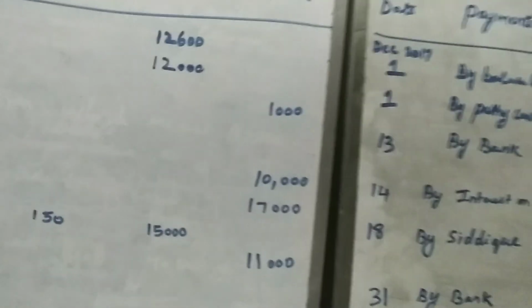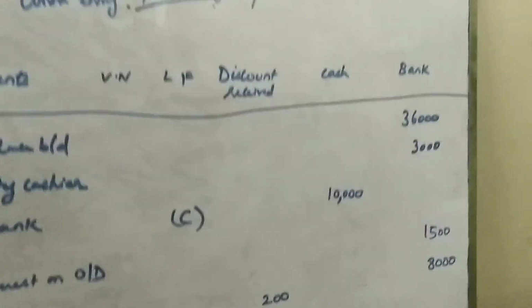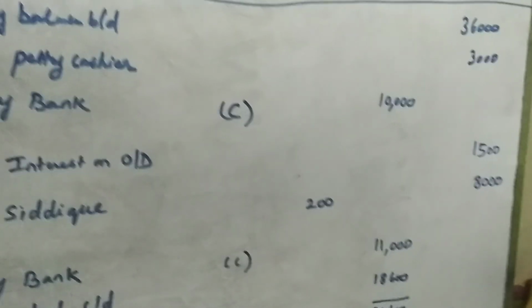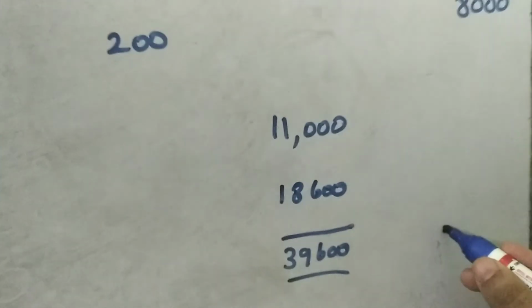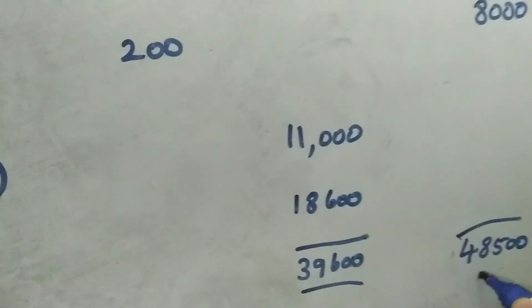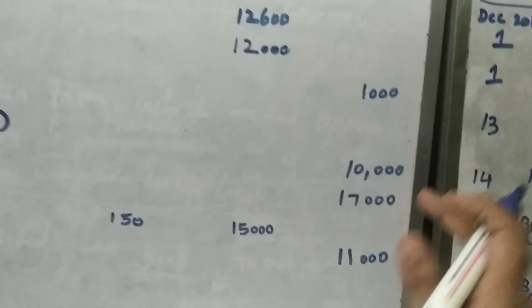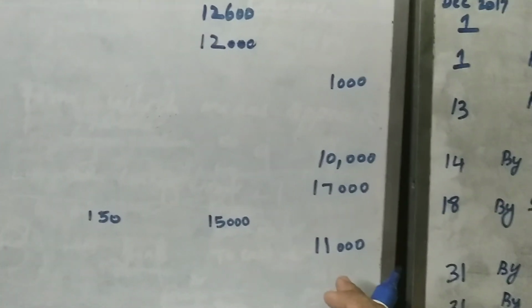Now, similarly, we are going to find the closing balance for bank. When we add up 36,000 plus 3,000 plus 1,500 plus 8,000, you will be getting 48,500. Now look into this side. You have only 39,000, am I right?